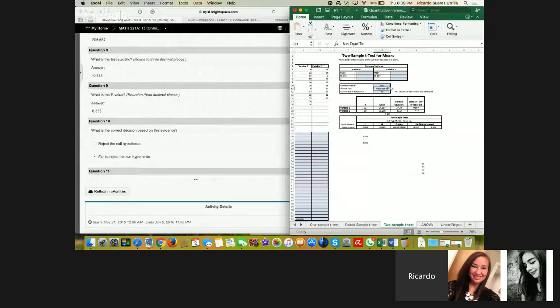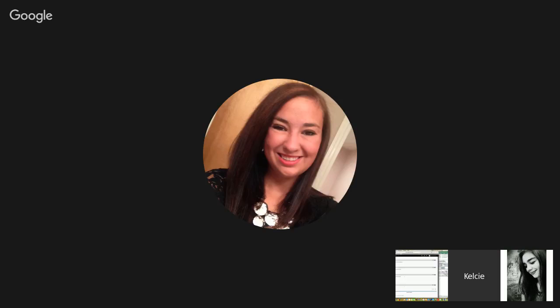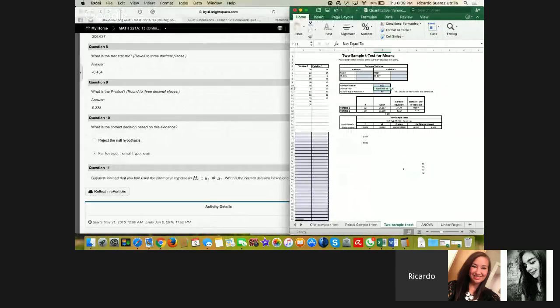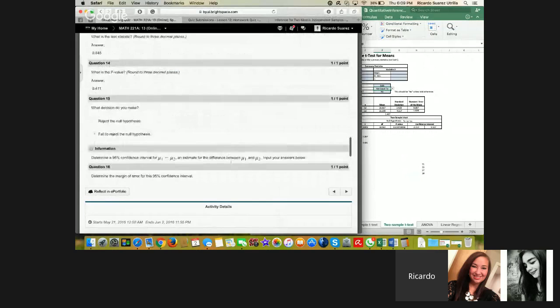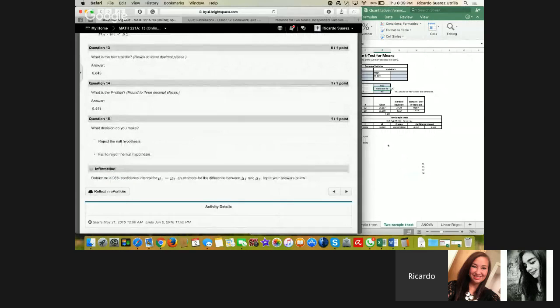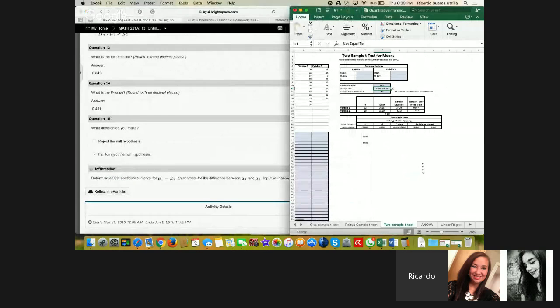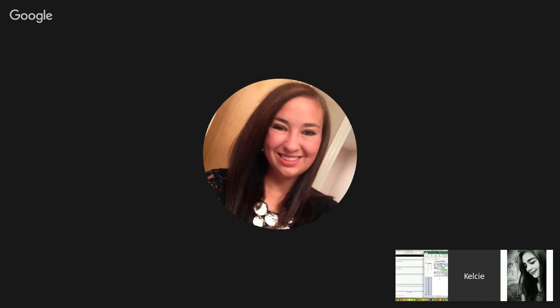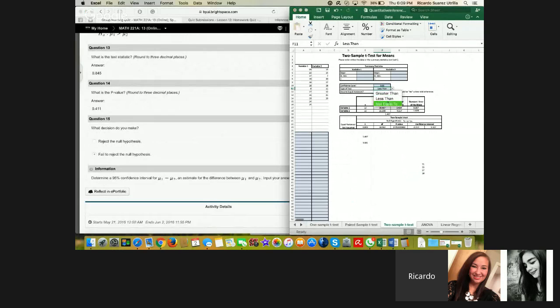Okay, so probably it's not equal to, but that's weird because the p-value is going to be, oh, what the heck? Oh no, what is that? Okay, let's see. What if I change this to greater, less, not equal to?